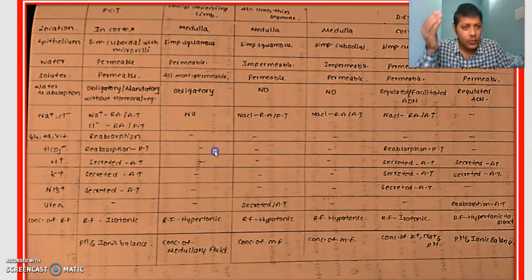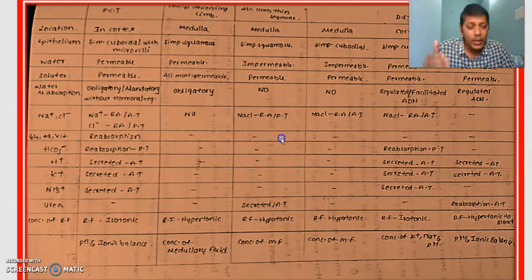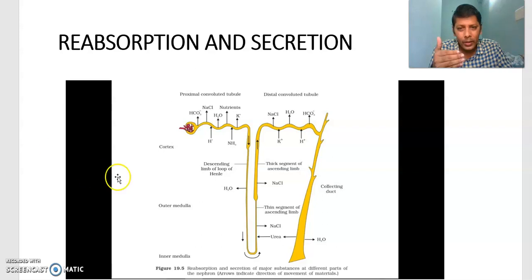As the filtrate moves down along the descending limb of Henle's loop, osmolarity gradually increases. When it reaches the inner medulla, the osmolarity reaches 1200 milliosmoles.